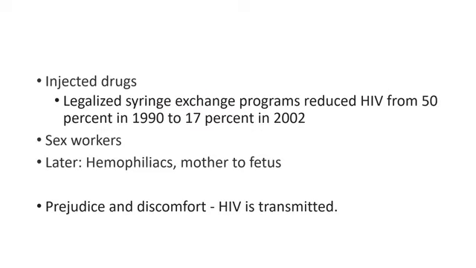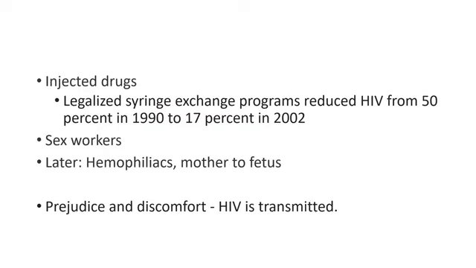Later on, it was discovered that people who injected drugs also came down with this condition. Obviously, it was very common to share needles among drug users. Needles were not always easy to get. But now things have changed, because in many states there are legalized syringe exchange programs.